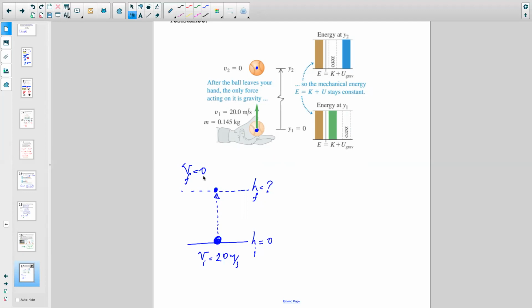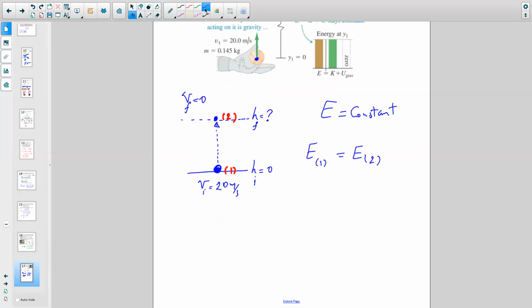No. We do not have friction. We do not have air resistance. In other words, the total mechanical energy is a constant value. Whatever you have in point 1, you're going to have in point 2. This is point 1. This is point 2.